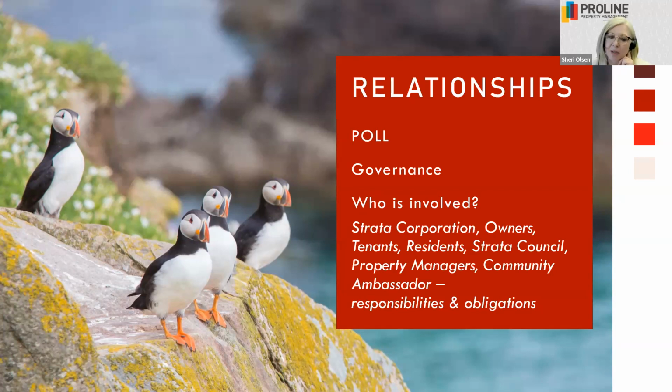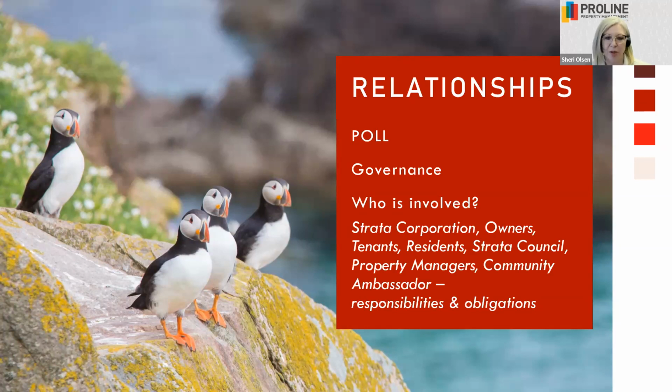The community ambassador can be a delegate of your Strata Council and can work with council to welcome new owners and really help create a feeling of community within your Strata.